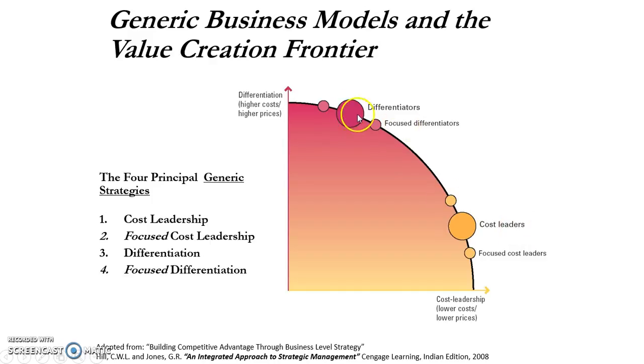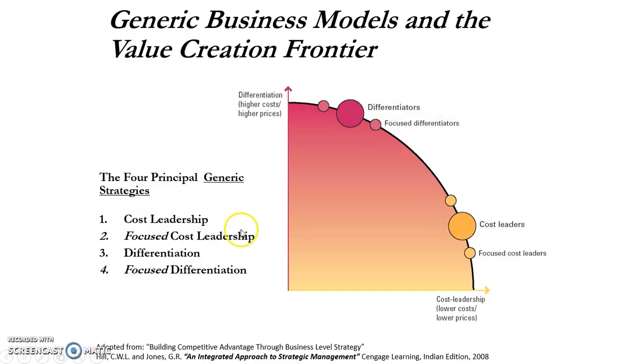And in the same way, the circles represent the market size, wherein we have players who are offering premium products to a large number of customers, or a huge customer base. And on the other side, as the organizations start focusing on a niche segment of a market, they are charging a higher premium for very customized kinds of products. So they are moving from differentiation to focus differentiation.